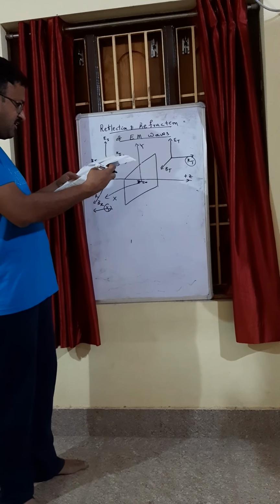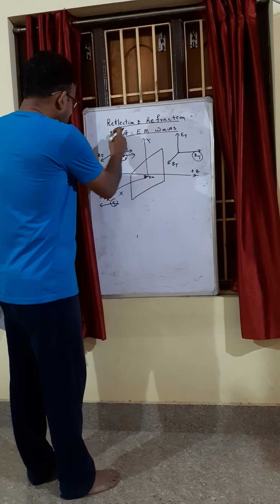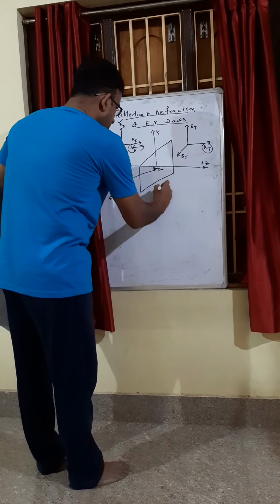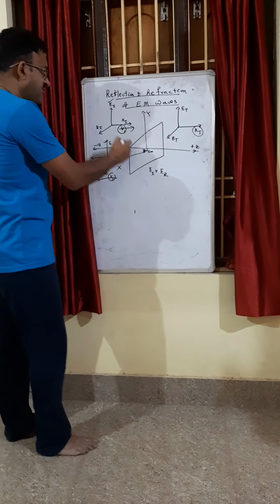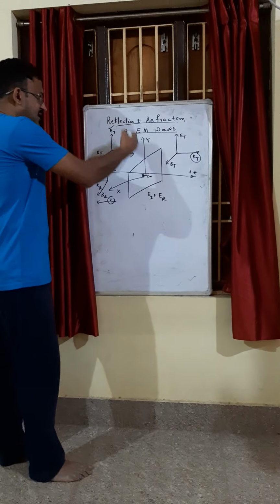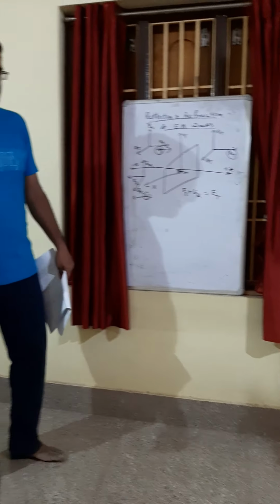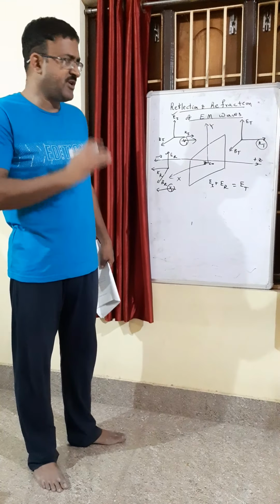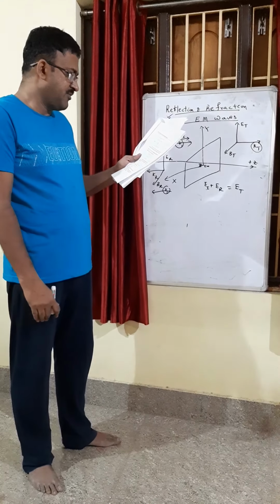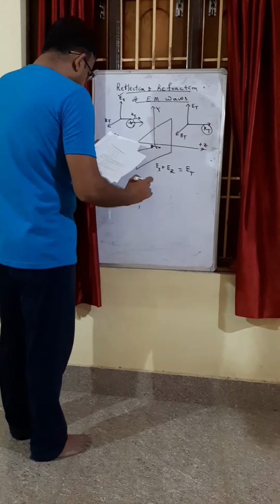So on the left, what are the electric fields? It is EI and ER. So I can write EI plus ER, that is the total tangential electric field on the left of the medium. This will be equal to the total electric field on the right, according to the continuity of the tangential component of the electric field. And if you substitute the values of EI and ER, what will you get?